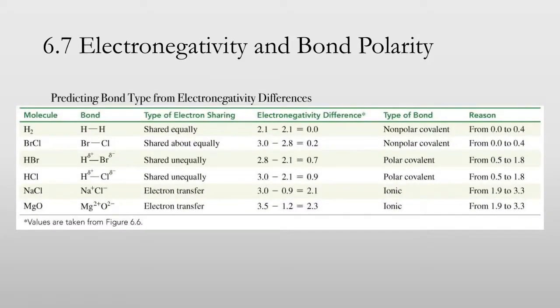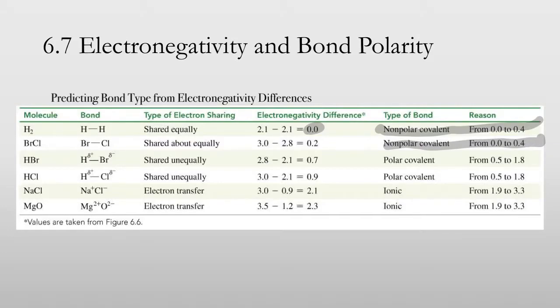The table here says predicting bond type from electronegativity differences, which we can do. We have hydrogen, bromine chloride, hydrogen bromide, hydrogen chloride, sodium chloride, and magnesium oxide. And if we look at the electronegativity values, for each hydrogen they're 2.1, so you get a difference of 0. We get nonpolar covalent bonds if the difference is from 0 to 0.4.